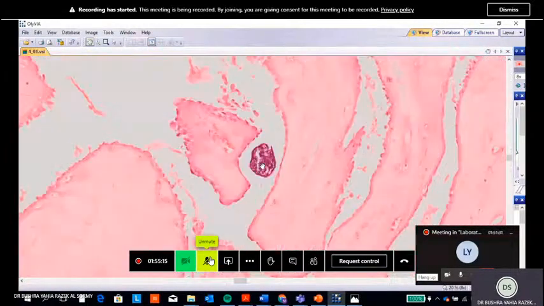Papillary carcinoma of the thyroid is the only papillary carcinoma that has these nuclear features.